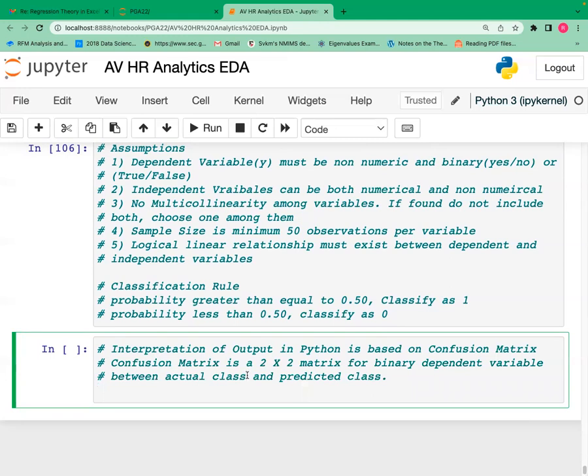Actual class or level, predicted class or level.